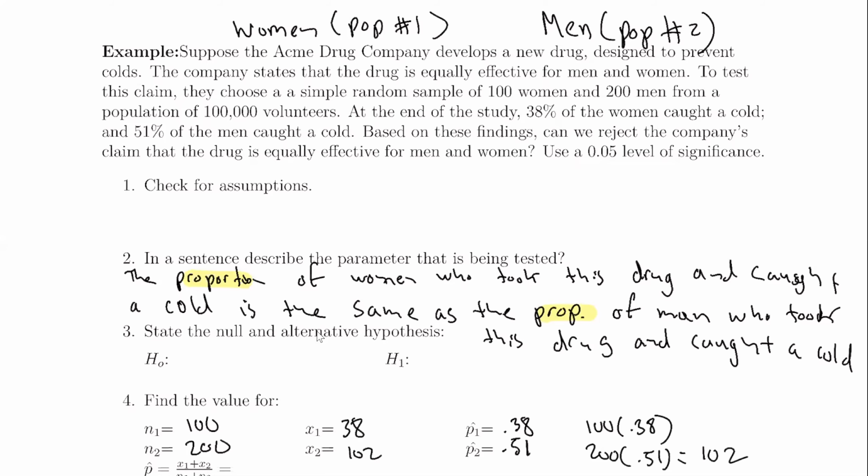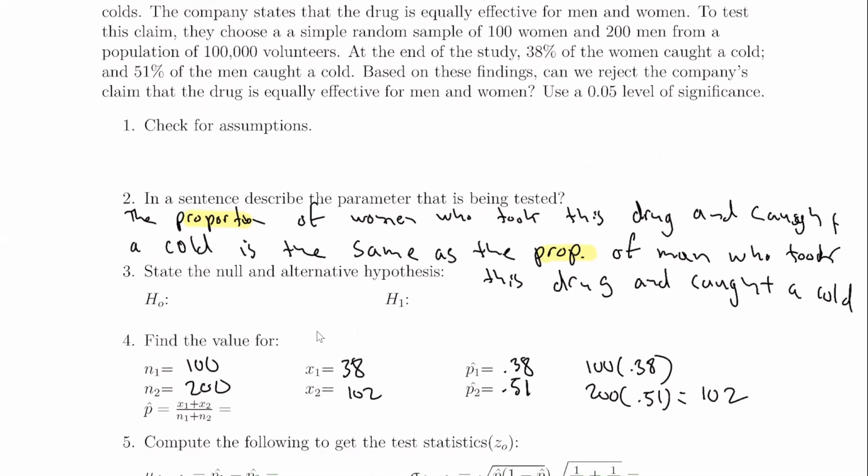All right. And we're still not done with 4 because we still have to find p hat. Everybody good so far? I got X1 and X2. All right, let's do p hat. For p hat, you do X1 plus X2, so that means we do 38 plus 102, all divided by 100 plus 200.